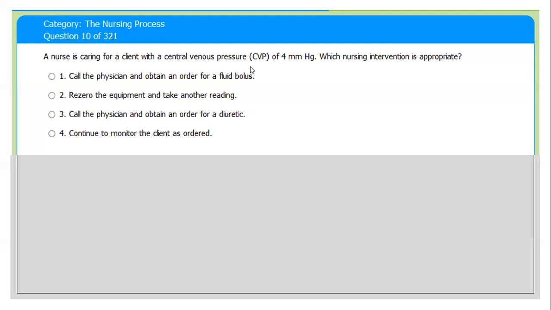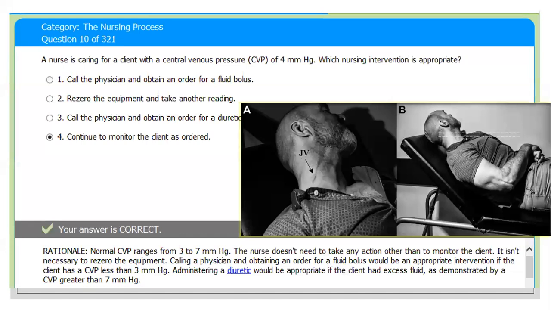So the examiner is asking this question about central venous pressure, or CVP. What is central venous pressure? Central venous pressure is the blood pressure in the vena cava of the heart. And CVP reflects the amount of blood returning to the heart and the ability of the heart to pump the blood back into the arterial system.